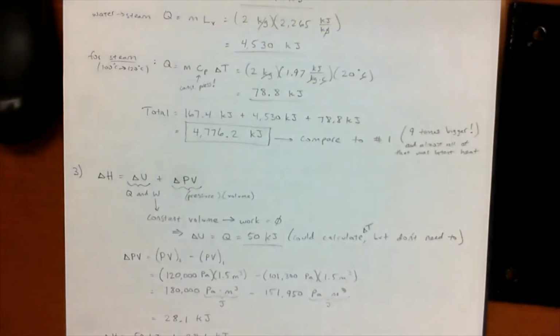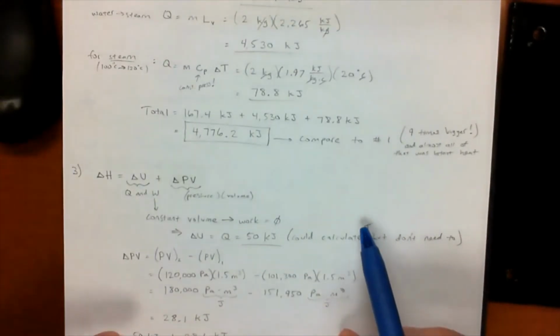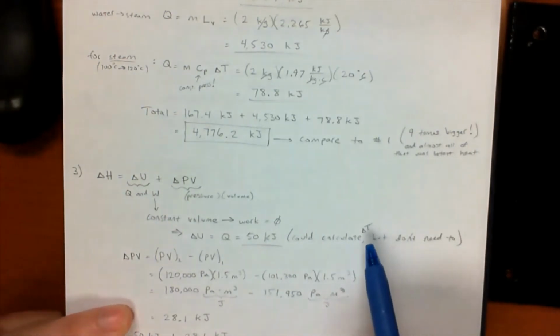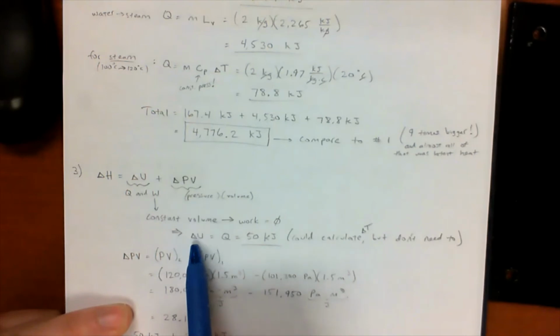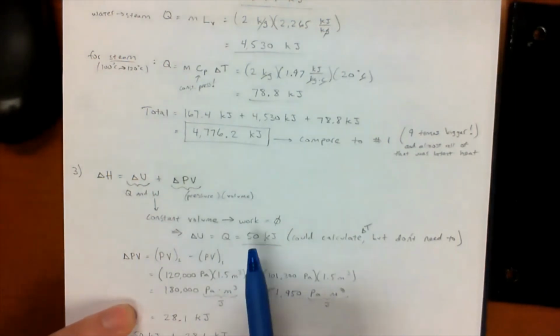We could use Q equals m C delta T as long as we used C sub V, and we could find what delta T is, but there's no reason to. We don't need to, so I'm not going to in this problem. But you certainly could find delta T for this problem. All we really need from this step is that delta U, the change in internal energy, equals 50 kilojoules.